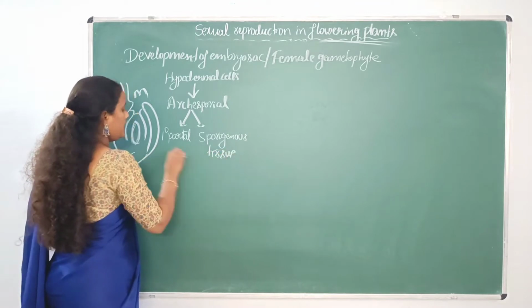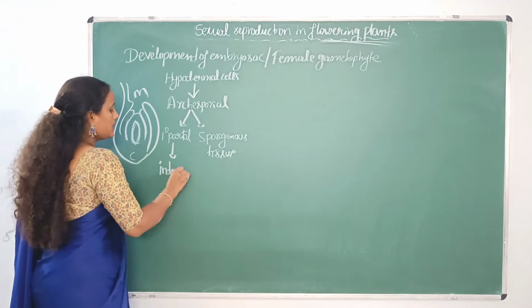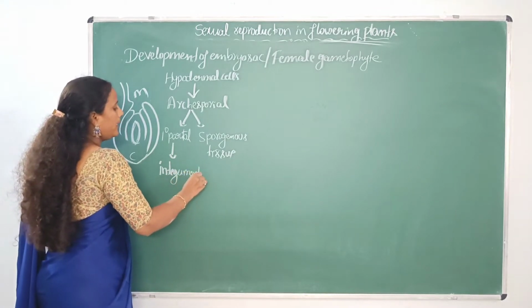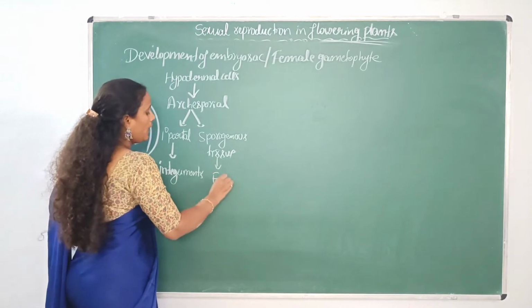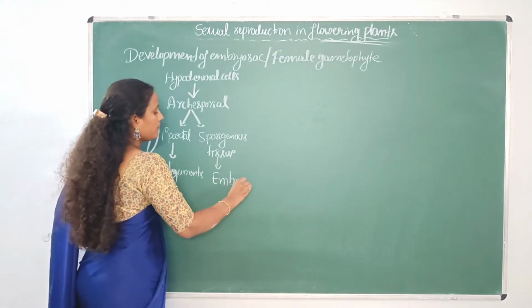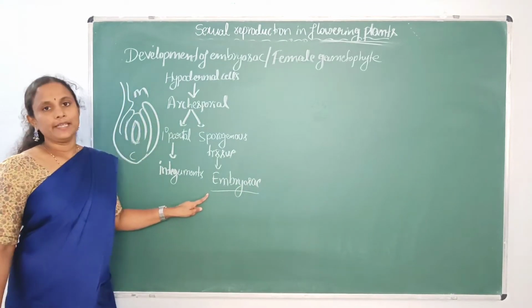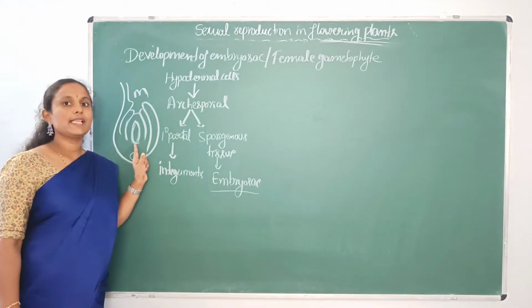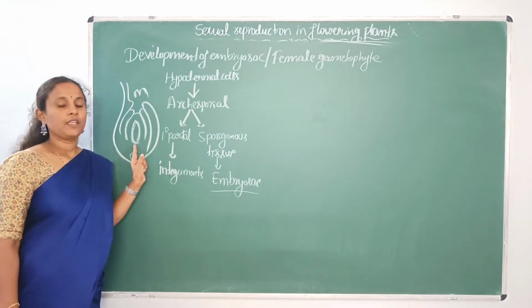From primary parietal cells there is development of integuments, and from sporogenous tissue there is development of embryosac. Remember, in each ovule normally a single embryosac develops, not more than that.